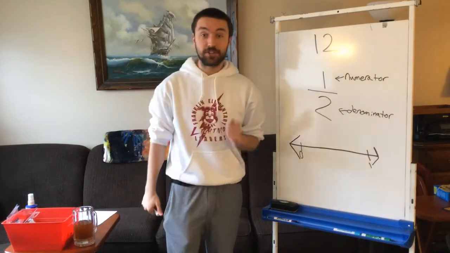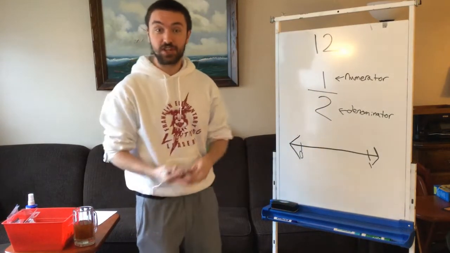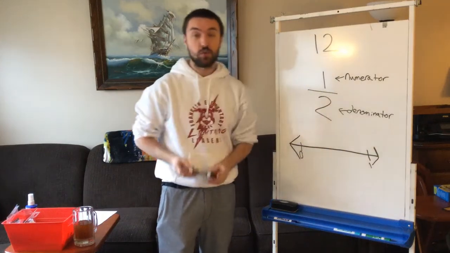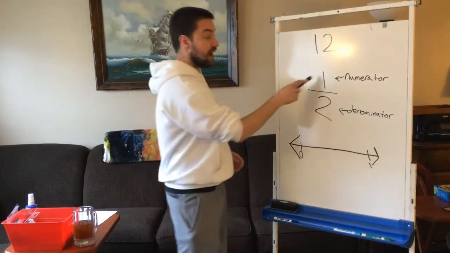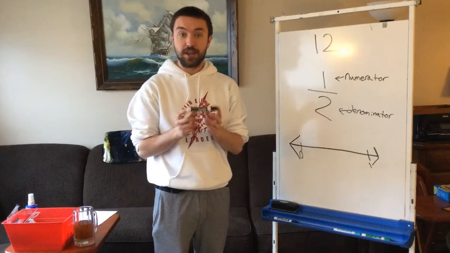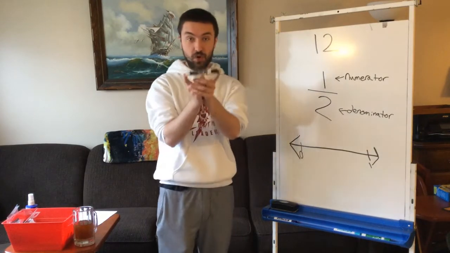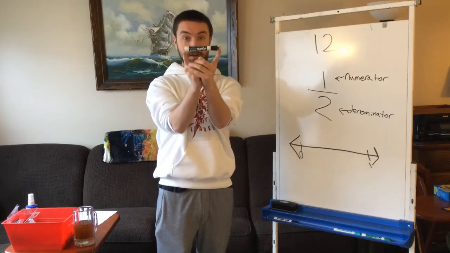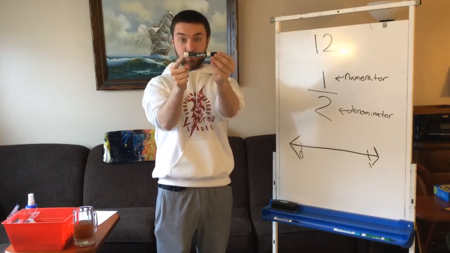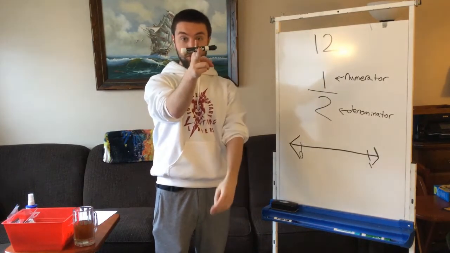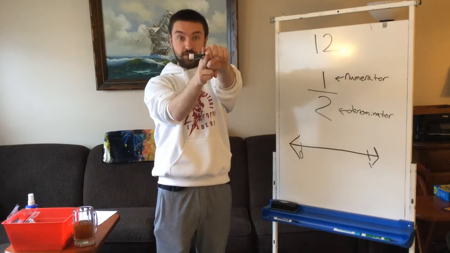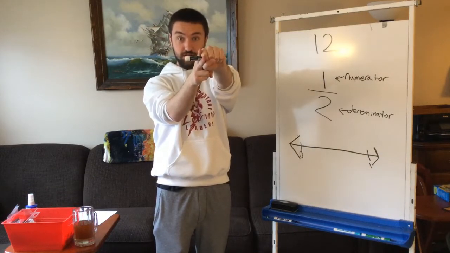The bottom number tells us how many pieces of that one thing were created. The top number tells us how many of those pieces we have. So for example, the fraction 1/2: I started with a complete thing, broke it into 2 pieces, and I only have one of those pieces.